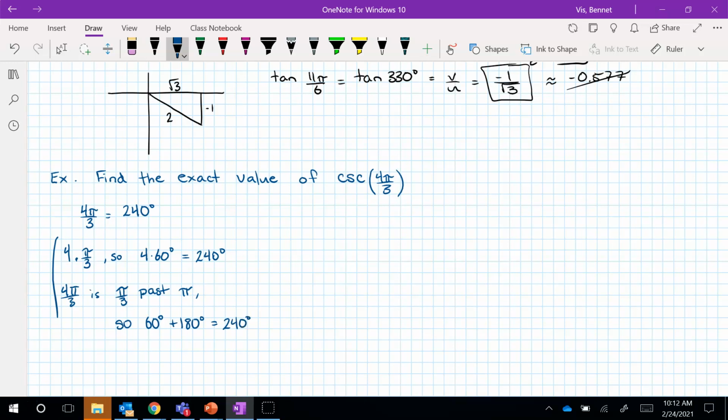I'm trying to think of this. Again, you can do the rotations. I know it's 4 pi over 3. It's got to be a little bit more than pi. It's a 3 in the denominator, so it has the 60-degree reference angle. There's a lot of different ways that you can try to visualize this. Pick a way that suits you, whether it's the visualization of the circle, or some form of the math that I've just done here.